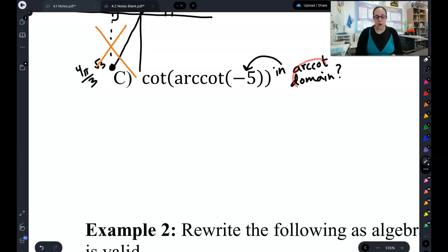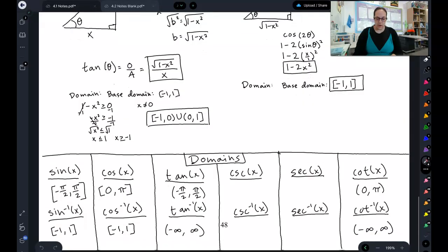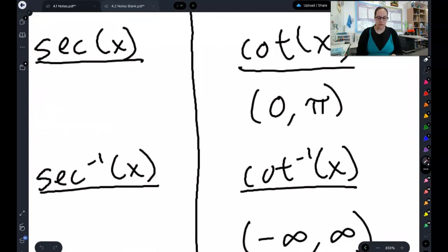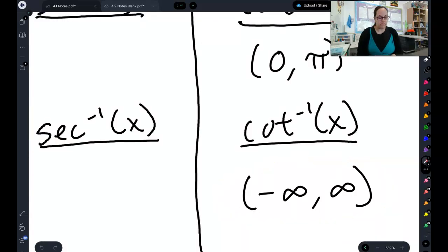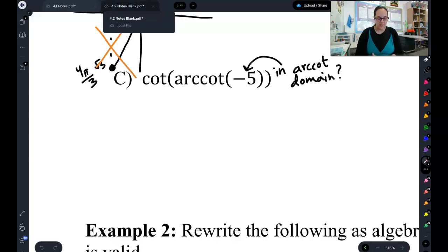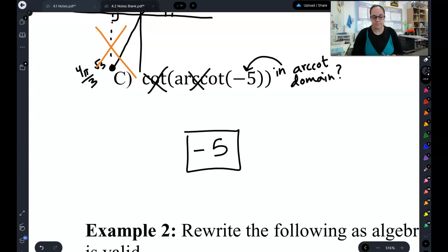So we need to look at the arccotangent domain and make sure that negative 5 fits in it. So I come over here, my arccotangent domain is negative infinity to infinity. Negative 5 definitely fits in that. So that means I can cancel those out and just get negative 5 as my answer.